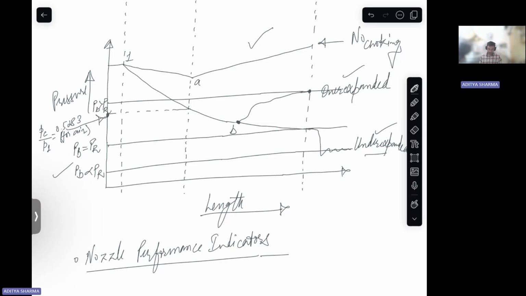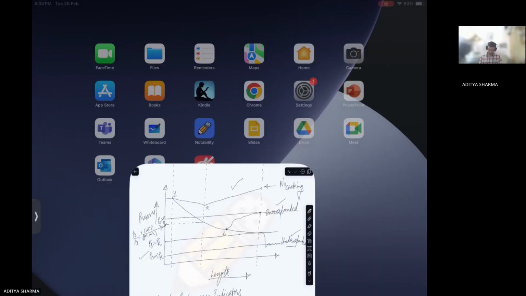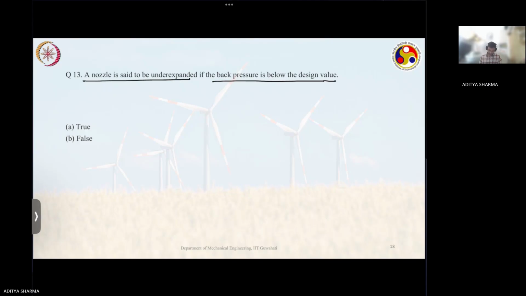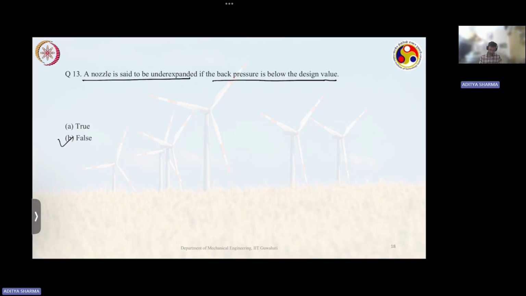But if your back pressure is above the exit value, in that case it will be overexpanded, right? So this is a false statement.